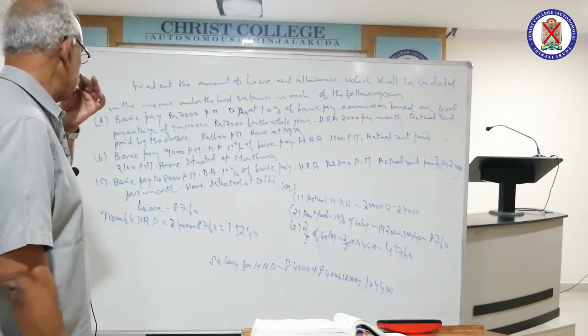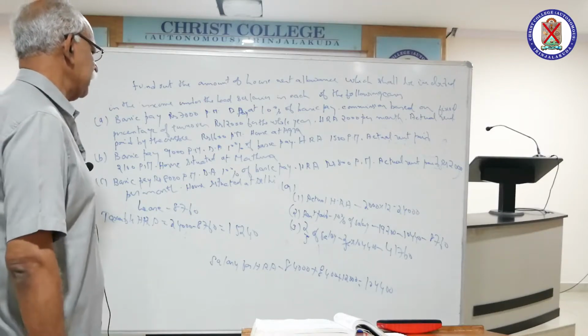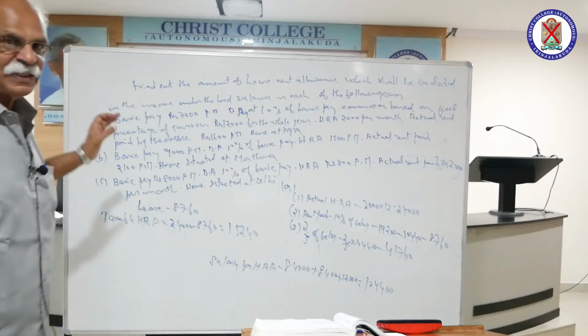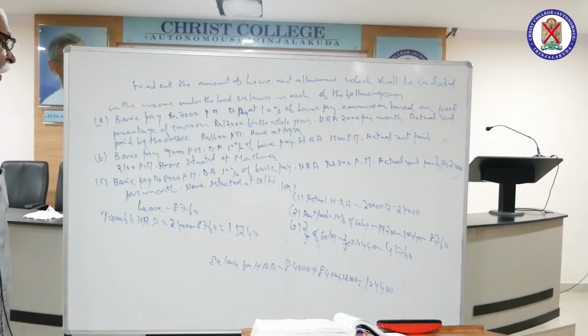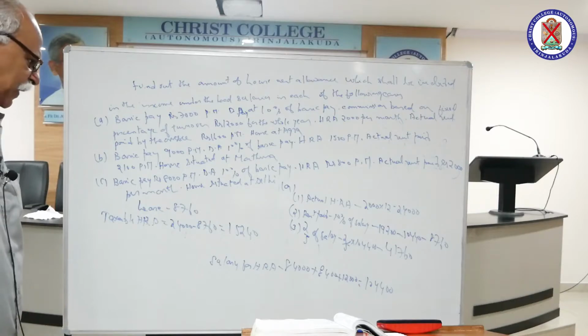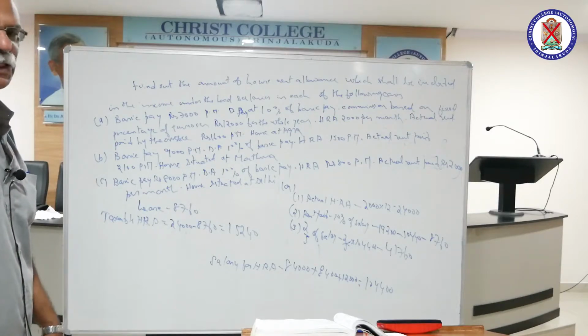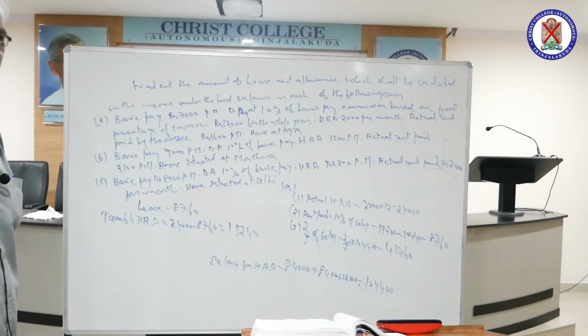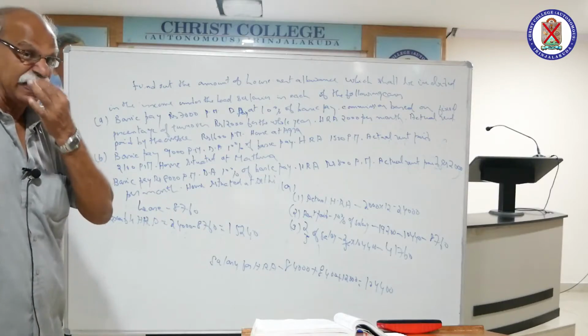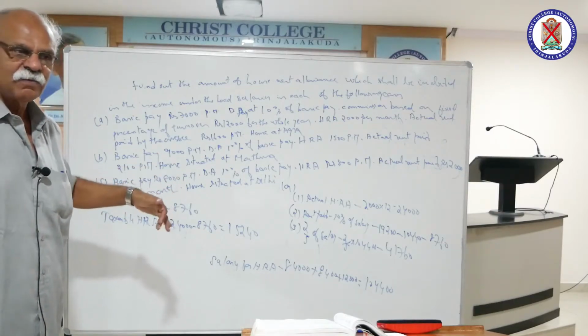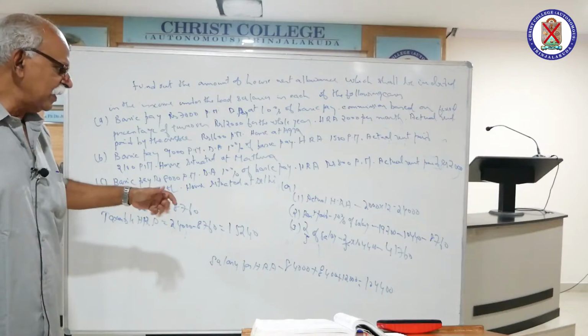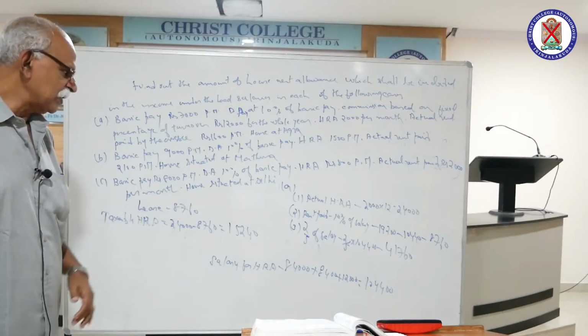Actual rent paid is rupees 1,600 per month. House at Agra. This is the question. First, you can determine salary for the purpose of HRA, then we can start working out. Otherwise, in between you have to work out the salary.